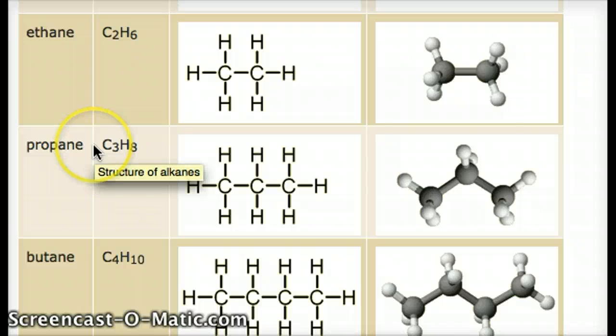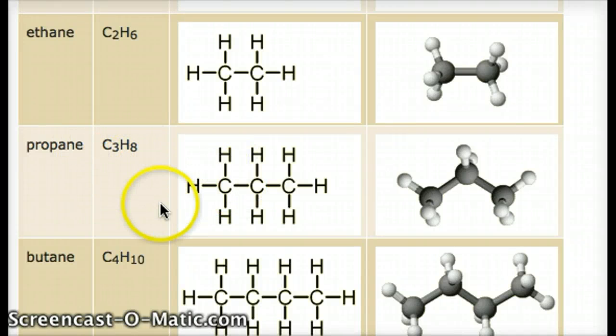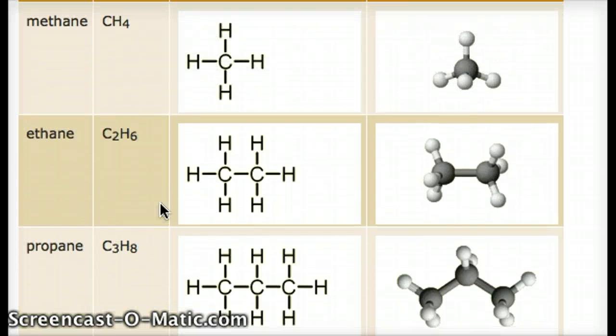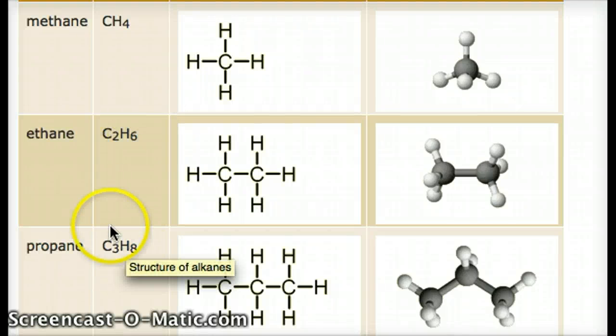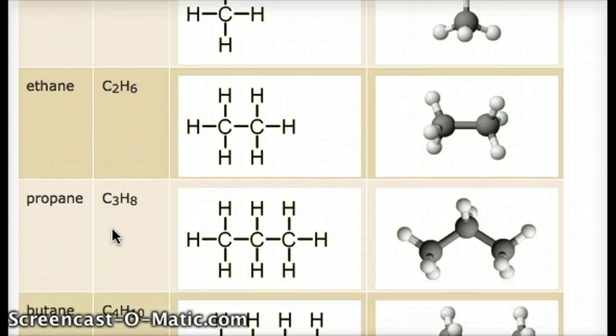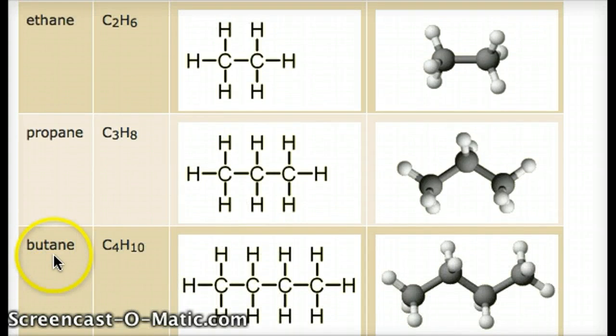If there are 3 carbons, C3H8, propane. Now the naming, we basically have a beginning and an ending, and if it's an alkane it will always end with "ane". If it has 1 carbon it will always begin with "meth", so methane. 2 carbons, "eth". 3 carbons, "prop". 4 carbons, "but".